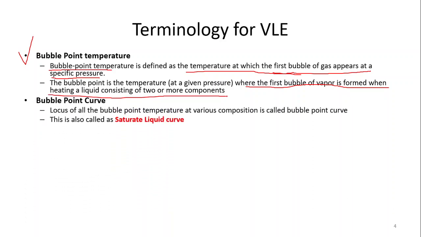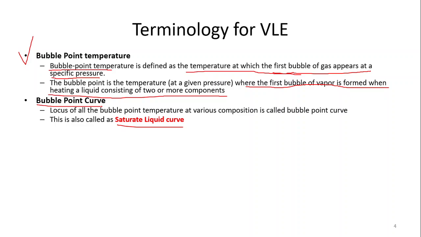And what is the meaning of bubble point curve? The locus of all the bubble point temperatures at various compositions is called the bubble point curve. This is also called the saturated liquid curve. Bubble point curve and saturated liquid curve have the same meaning. There are different bubble point temperatures because we have different compositions in the liquid phase.